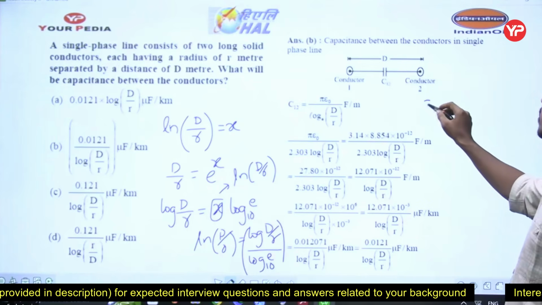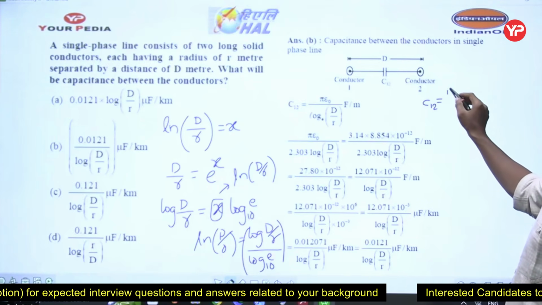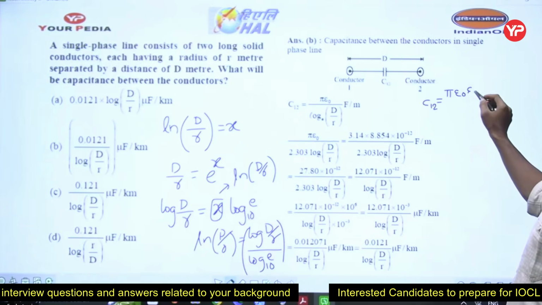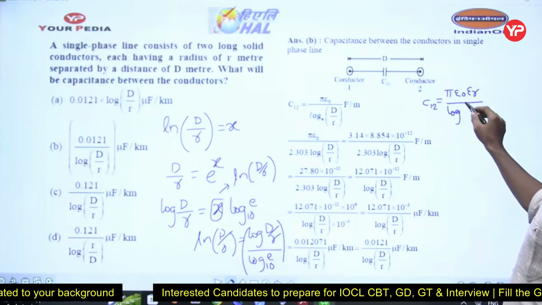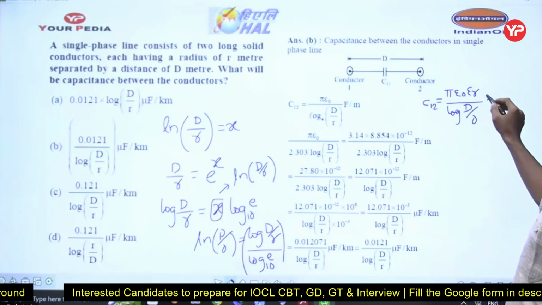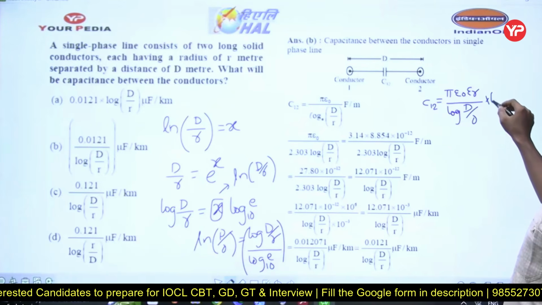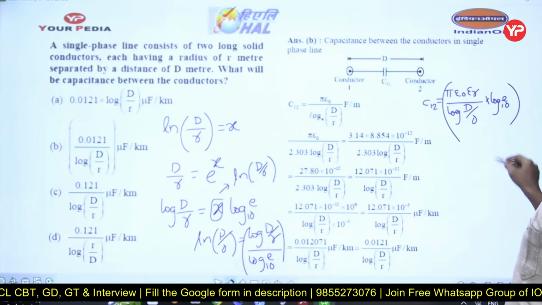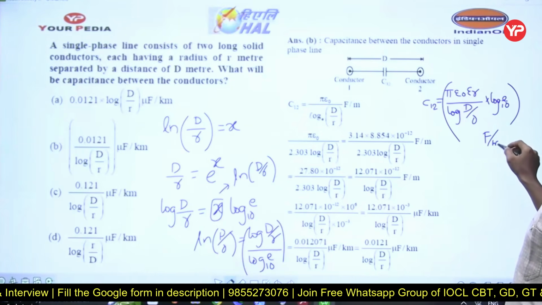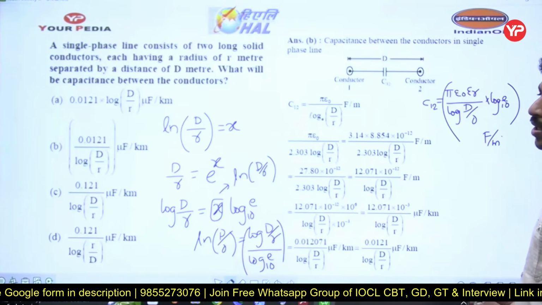What is the answer? C12 is equal to pi epsilon naught epsilon r by log of capital D by small r, into that will go upside, log of e to the base 10, farad per meter.